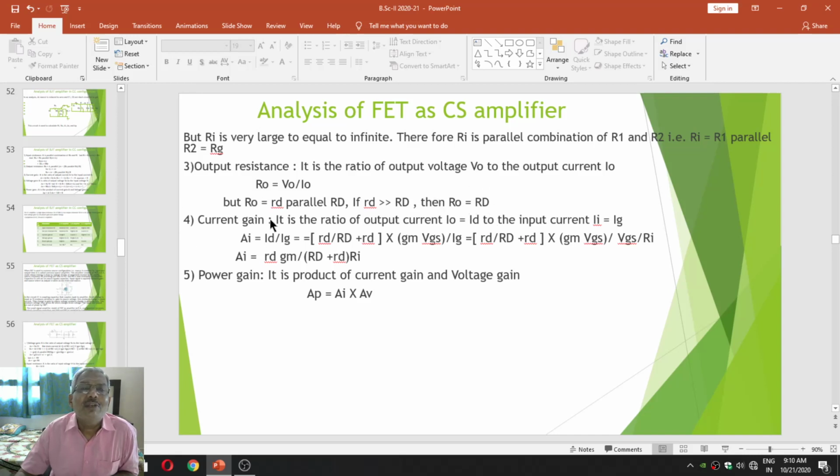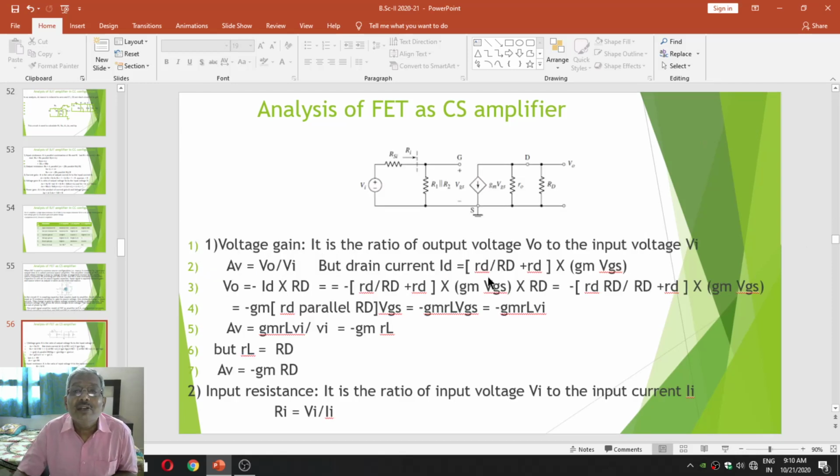Now we are going to determine the current gain. By the definition, the current gain is the ratio of output current upon input current. In this case, output current is Id, whereas input current is equal to Ii. Therefore, current gain is equal to Id upon Ii. Id we already calculated.